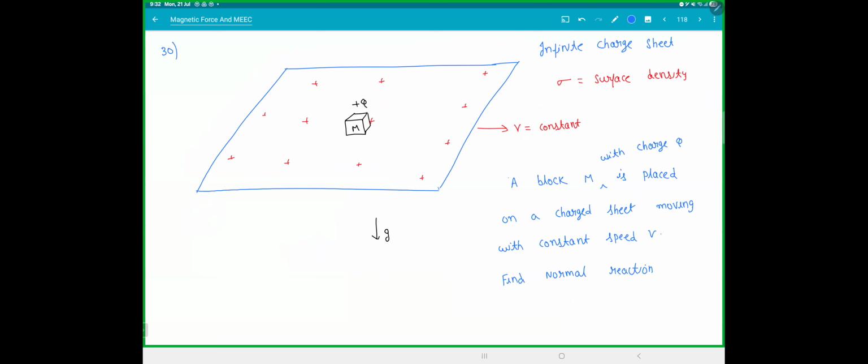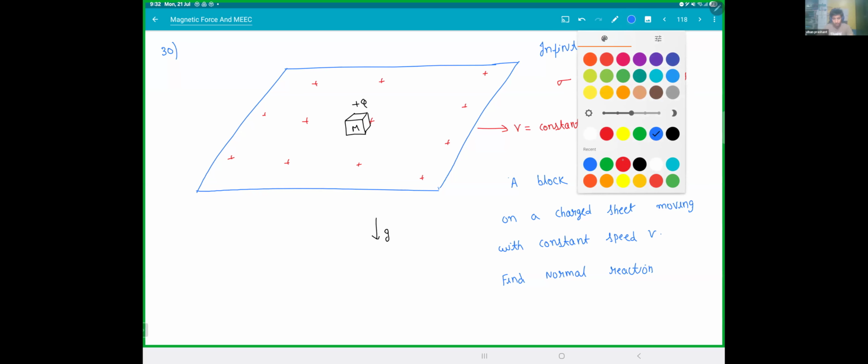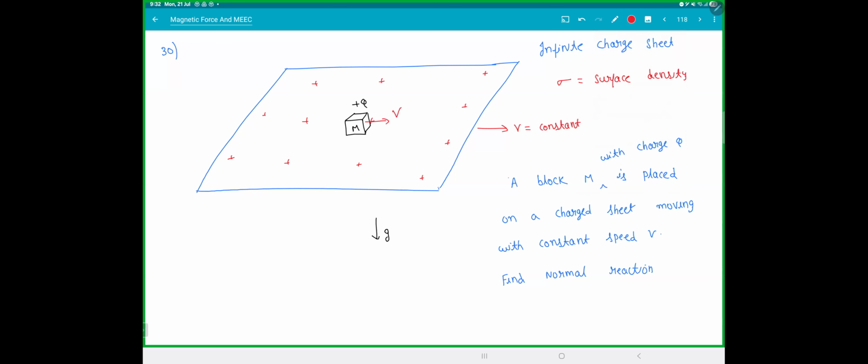There's a constant magnetic field everywhere in the space. It's an infinite sheet. Okay. So the infinite sheet is moving with v. The block is placed on the sheet. The block is also going with the sheet. Okay, I'll write it down. Happy? Okay.